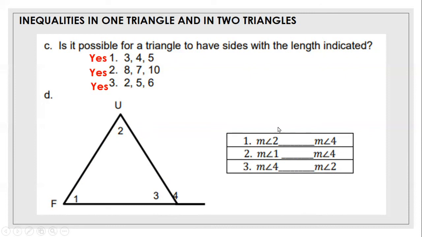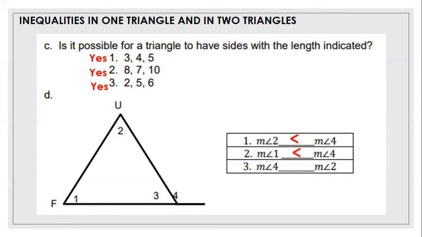Since angle 2 is a remote interior angle of exterior angle 4, this is less than. Next, number 2, the measure of angle 1 is blank than the measure of angle 4. Same as number 1, angle 1 is a remote interior angle of angle 4. So angle 1 is less than the measure of angle 4.